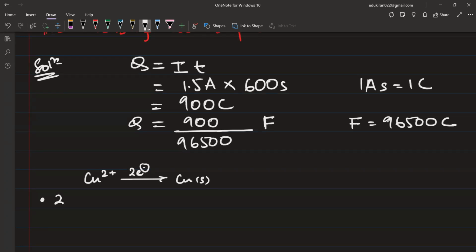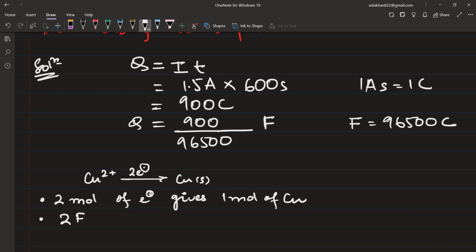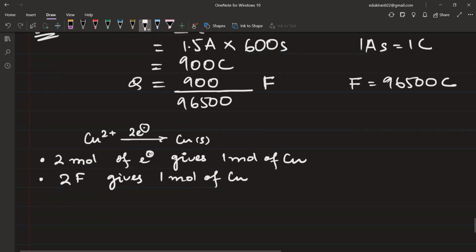So I will say that 2 mole of electron gives 1 mole of copper. That means I can say 2 Faraday gives 1 mole of copper. Similarly, I can say 1 Faraday gives half mole of copper.